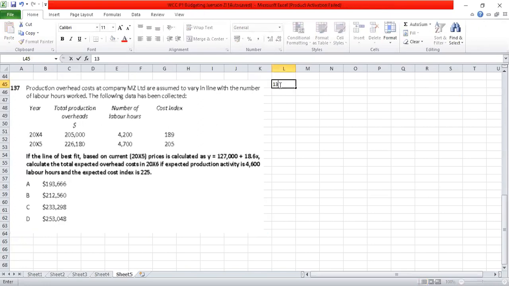Question number 137. Let's quickly write what is the equation.